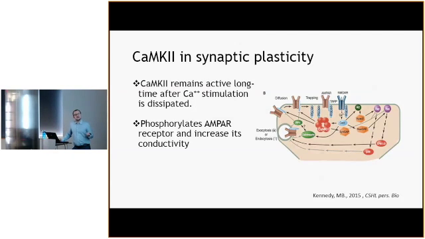And the active CAMK2 will phosphorylate these AMPA receptors, which is one type of the iGluRs that I mentioned, and as a result of this phosphorylation, they will have a higher conductivity, and it will start taking more ions inside the postsynaptic cell, and it will bring more activity. Also, it induces the recruitment of additional AMPA receptors, so that there will be more ions transported inside the cell.